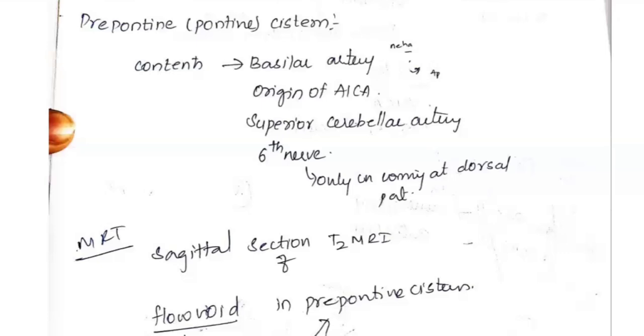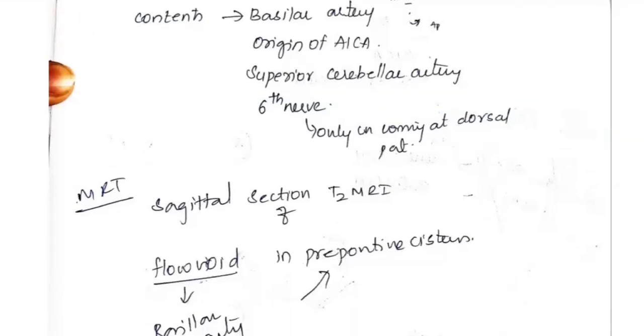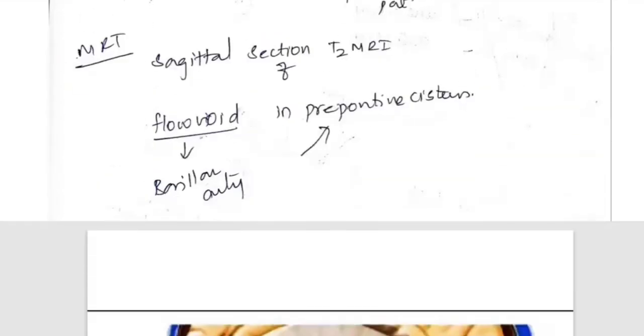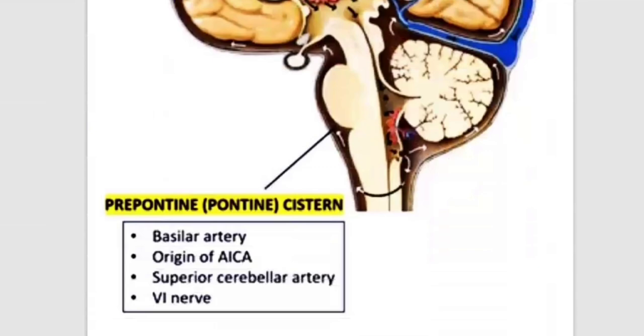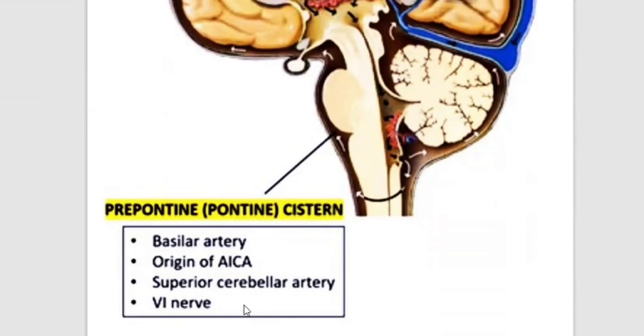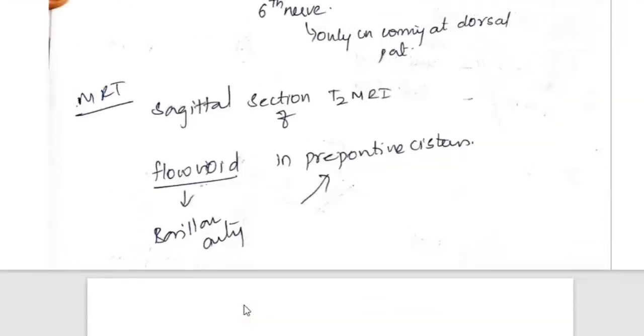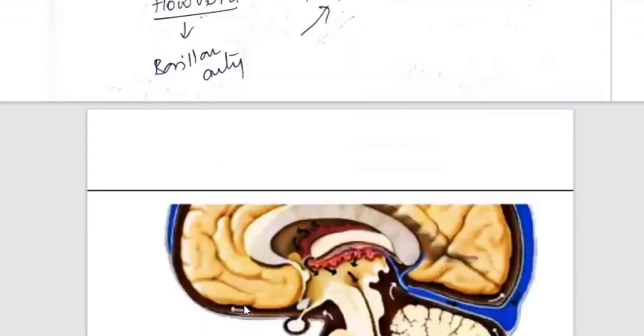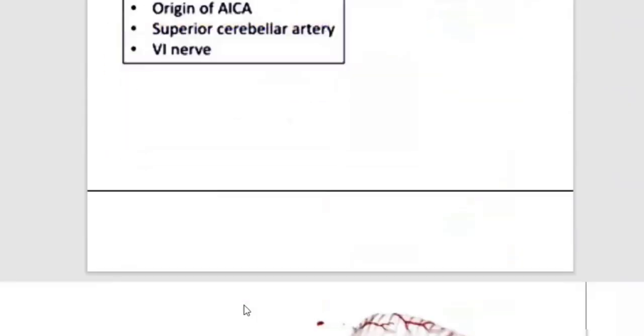Then you have the superior cerebellar artery and the sixth nerve. Same in the diagram: basilar artery, origin of AICA, superior cerebellar artery, and sixth nerve. That is the MRI sagittal section showing flow void in the basilar artery in the prepontine system.